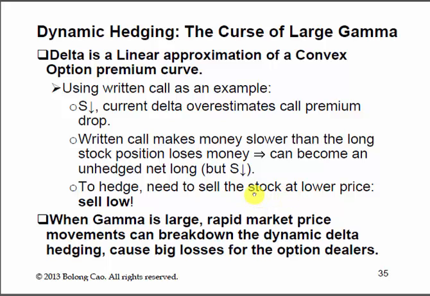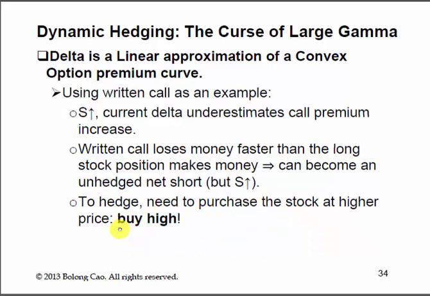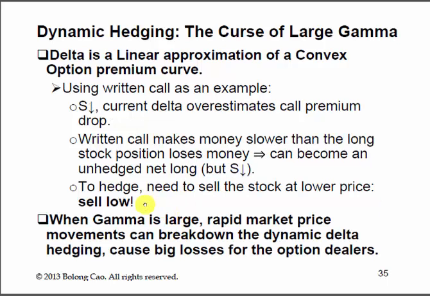And what it means is quite damaging, because look at this approximation error result. When the price goes up, the dealer needs to buy more. When the price goes down, the dealer needs to sell more, to make up the insufficient delta approximation. Buy high, sell low, not a good way to make money.